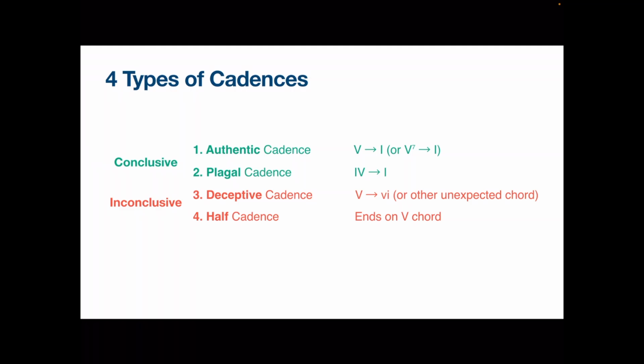But then the deceptive cadence doesn't sound complete, it has to continue. Or the half cadence, because you really want that resolution. So just remember, authentic and plagal are conclusive, and deceptive and half are inconclusive.